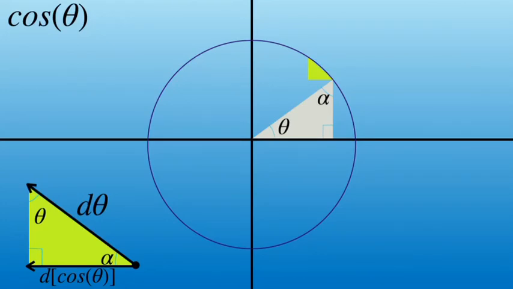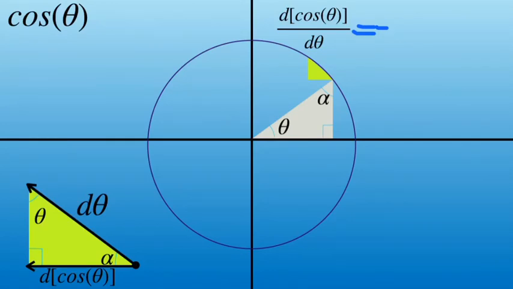And the derivative of cosine of theta is d cosine of theta over d theta. Now this must equal a negative number because d cosine of theta is negative, and d theta is the hypotenuse, and d cosine of theta is the opposite side relative to theta.